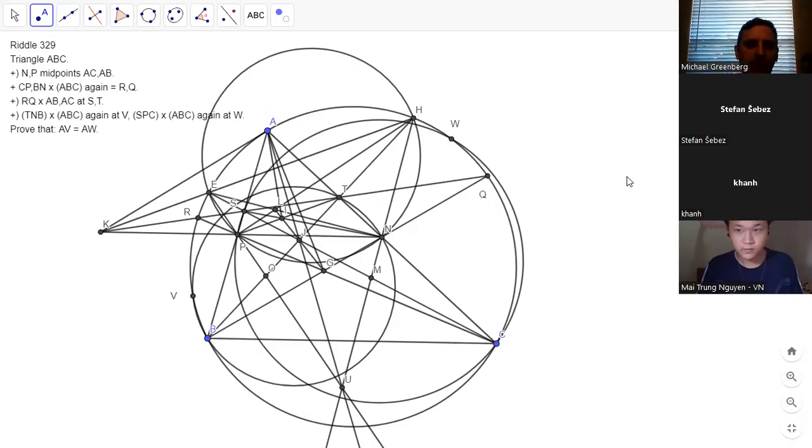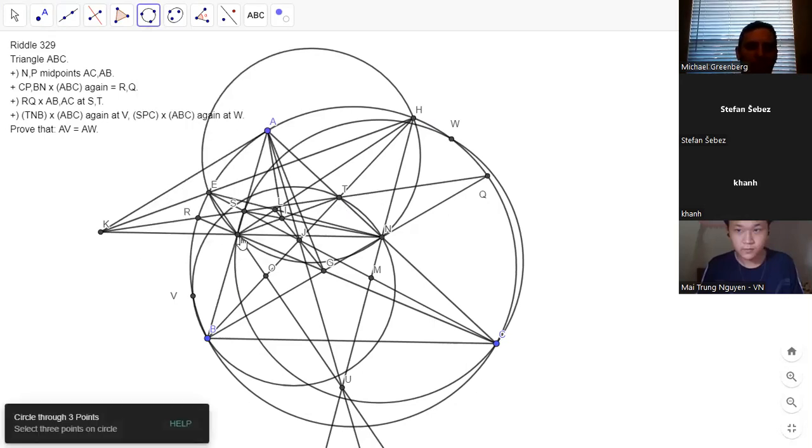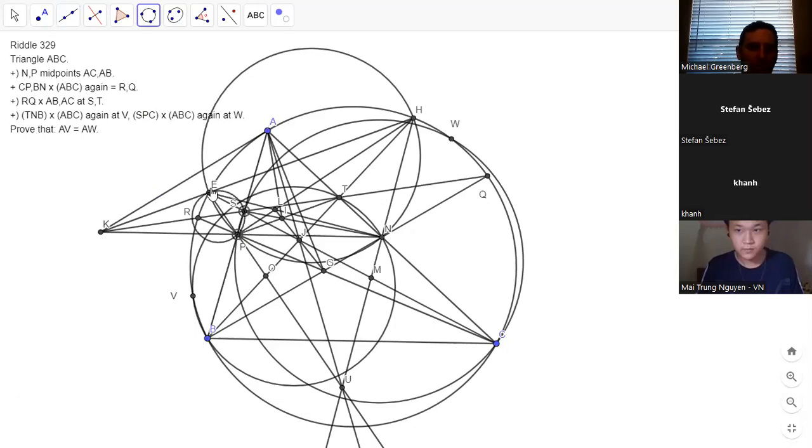So yeah, we really don't need V and W. It's really just the same as showing that PES is NHT. And we want to show this is cyclic.